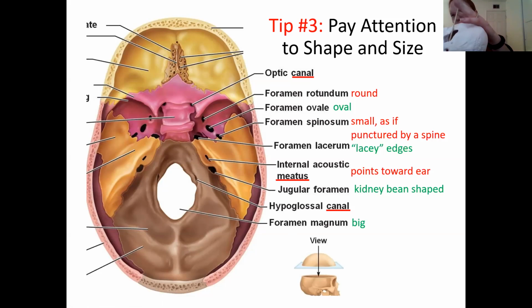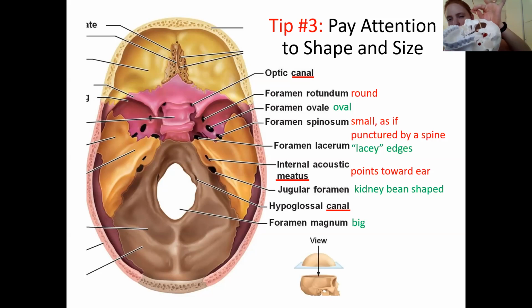Okay, so here is the big hole. The name of the big hole is the foramen magnum, and these parts right here that articulate with the very first top vertebra, the atlas, are called the occipital condyles. Running underneath it, I think of it like a bridge, like water under the bridge.